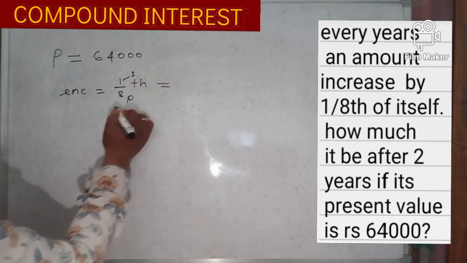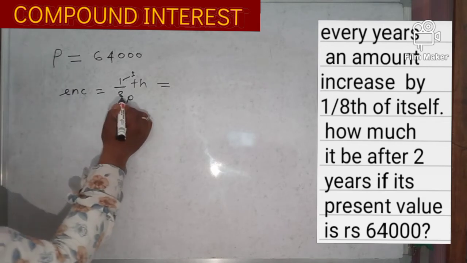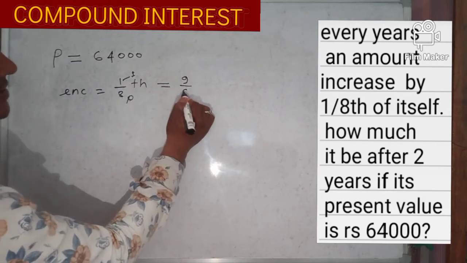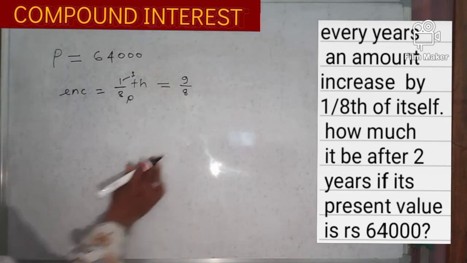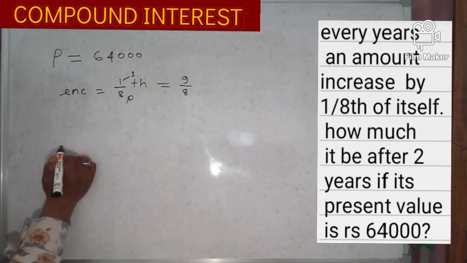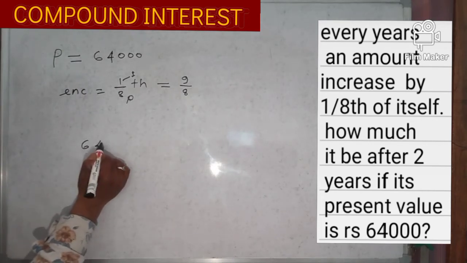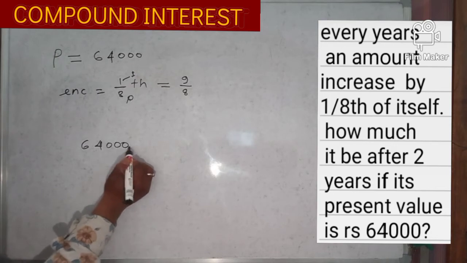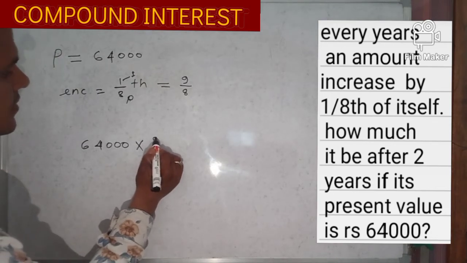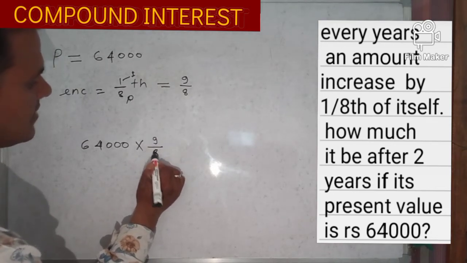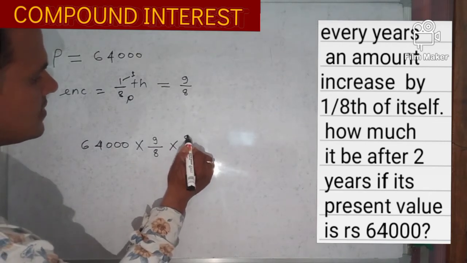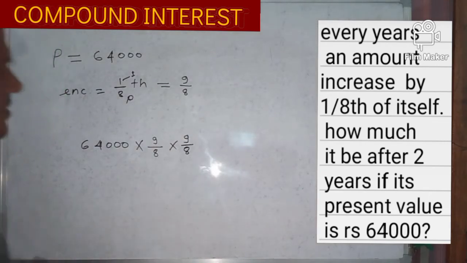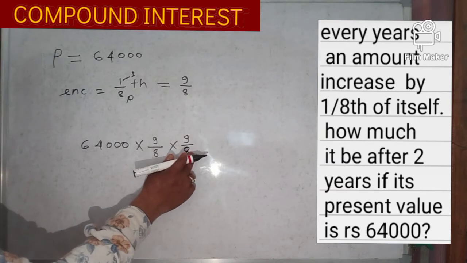So it is increasing every year: 8 plus 1 is 9, so 9 by 8 is the increase, right? So here 64,000 into 9 by 8 for 1 year and 9 by 8 for the second year.